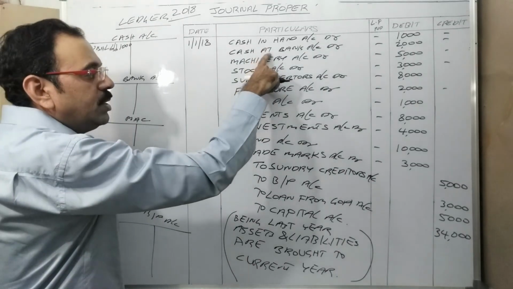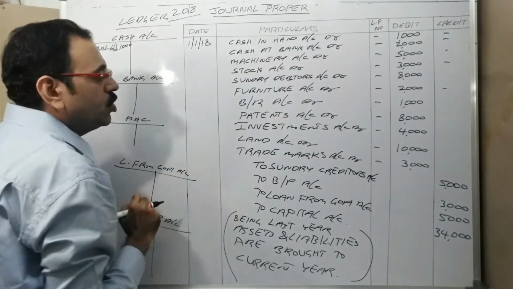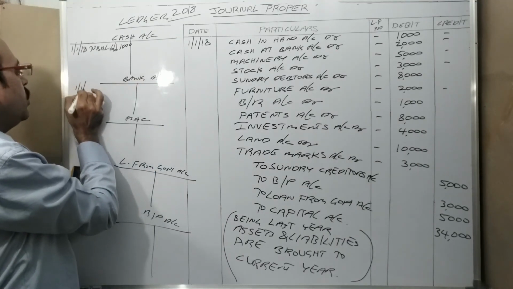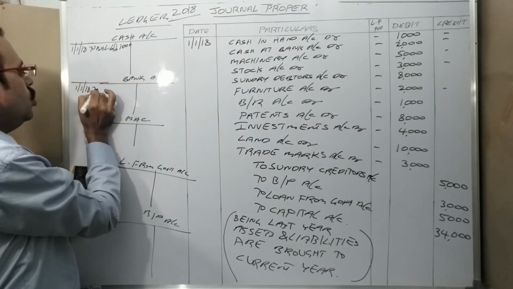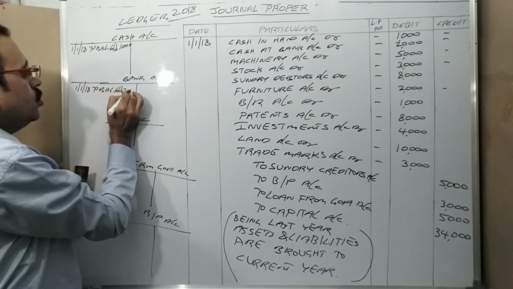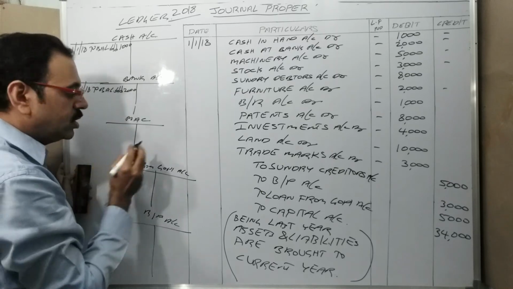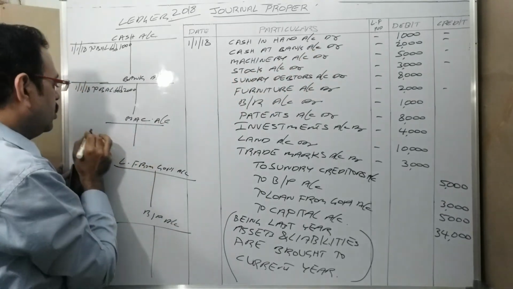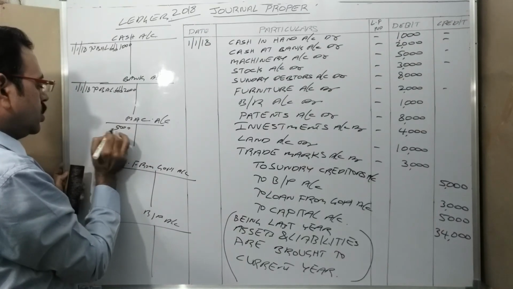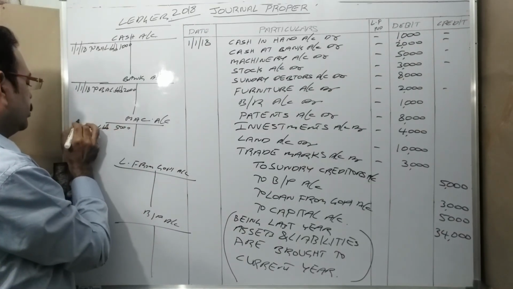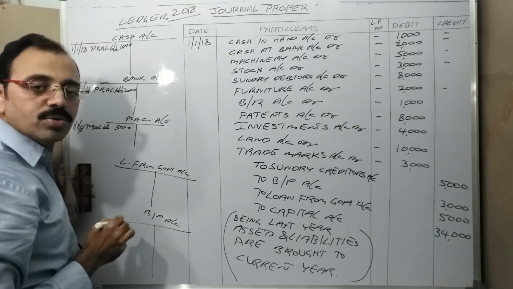Similarly, cash at bank 2,000 rupees. In bank account on the same day, to balance brought down 2,000 rupees. In machinery account, same day debit side, to balance brought down 5,000 rupees.